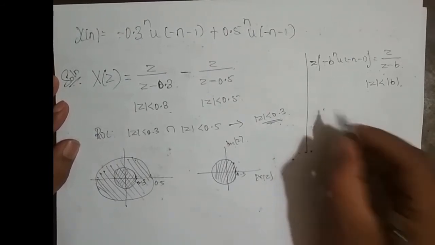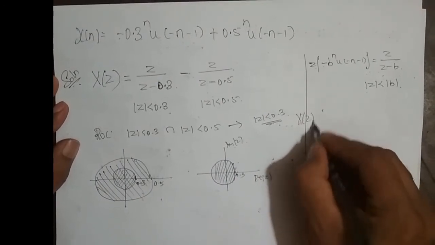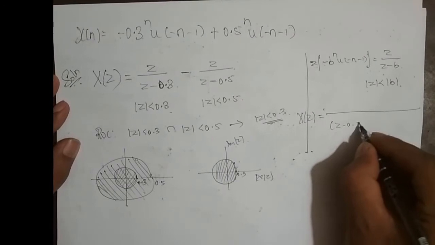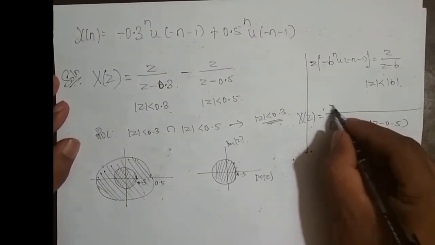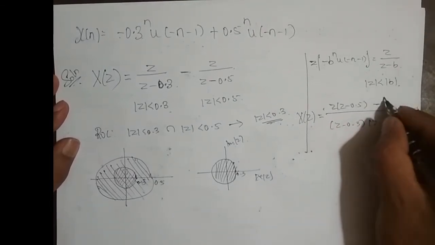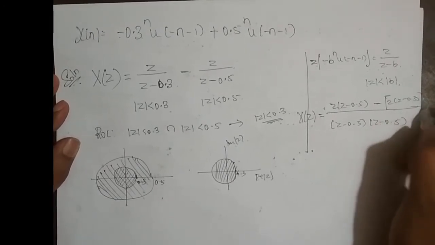Let me simplify it here. So X of z is equal to, I'll take a common denominator: z times z minus 0.5, minus z times z minus 0.3, right?